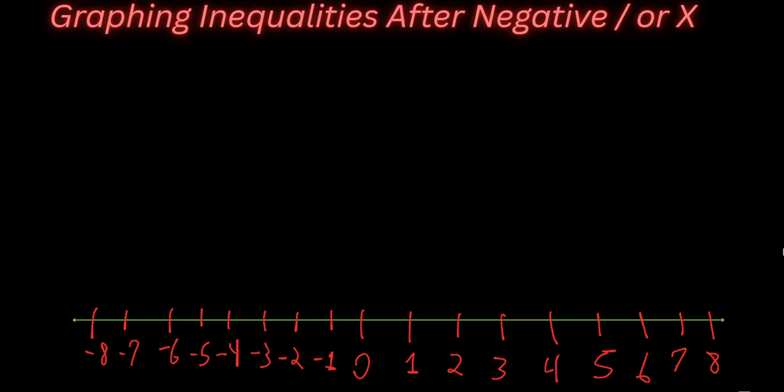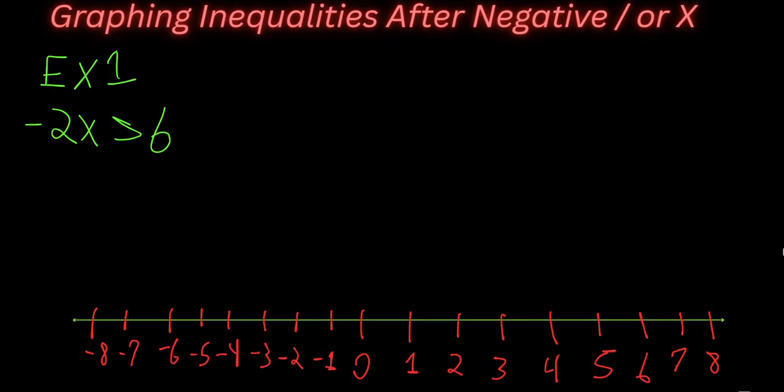So if you're familiar with that, one final key. Let me go ahead and put the first example we're going to do up. Example 1: -2x is greater than 6.